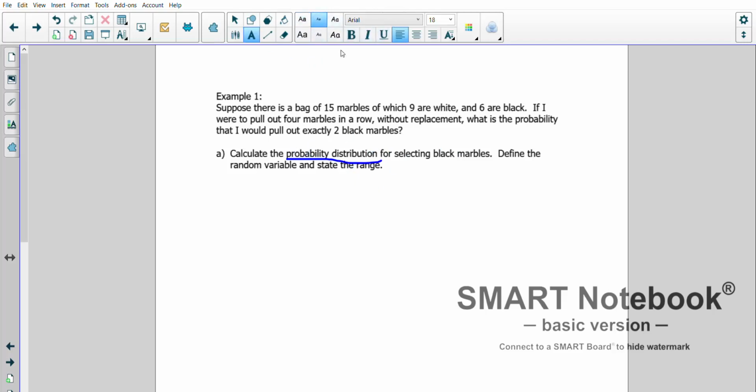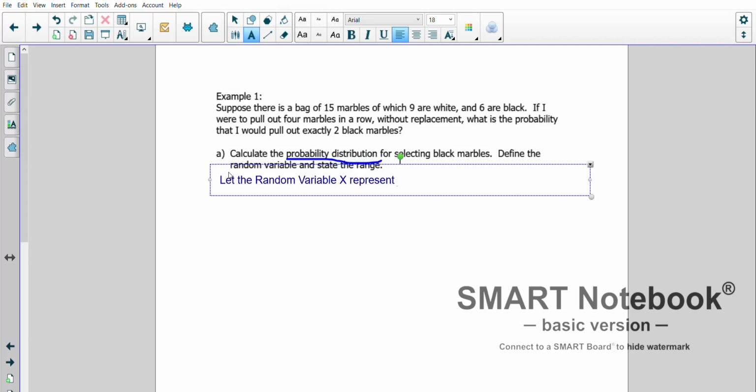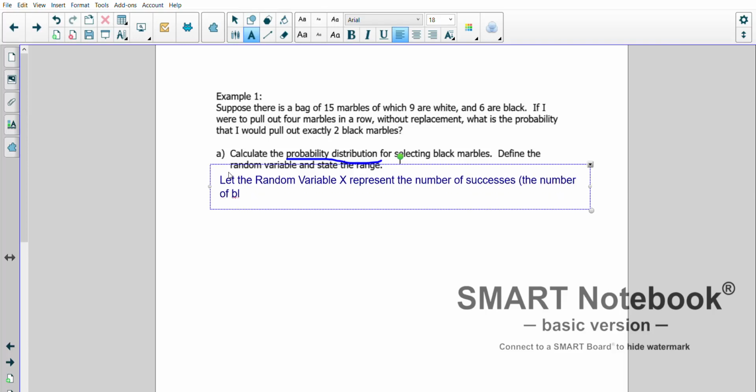So what I'm going to do is define my random variable. Let the random variable x represent the number of successes, and in this case, the number of black marbles picked.